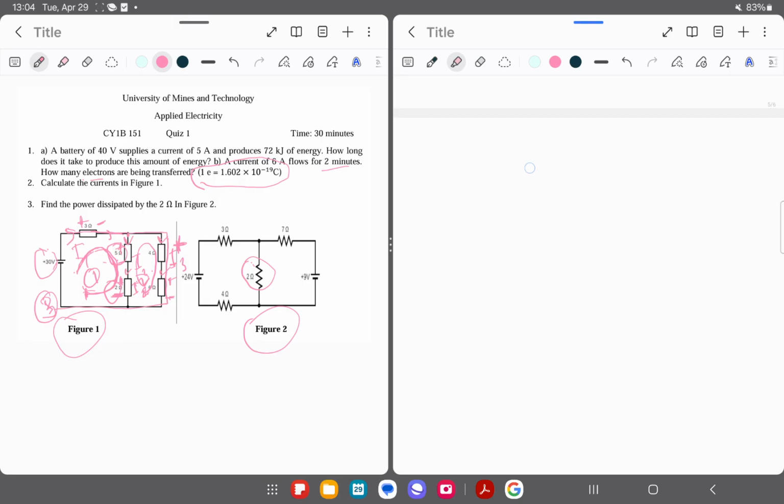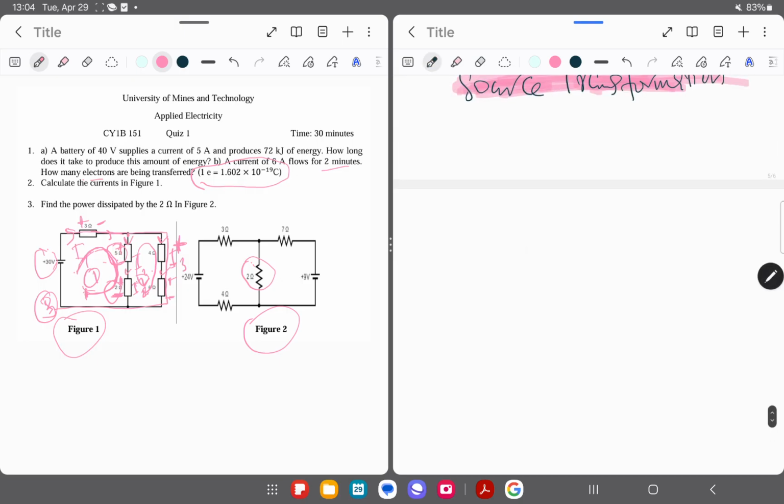Now when you come to source transformation, you can see that we are given this circuit diagram, right?